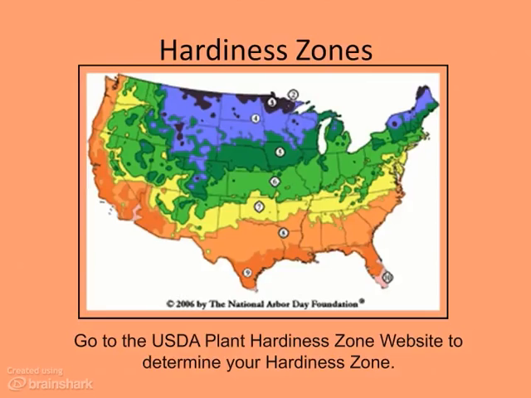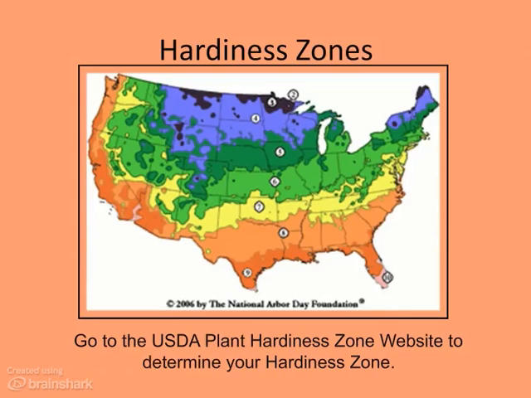Your hardiness zone is easy to determine by referencing the U.S. Department of Agriculture Plant Hardiness Zone Maps online. It's important to determine your USDA hardiness zone because it will guide the types of plants that you can grow in your climate. Plant hardiness zones are calculated based on the minimum average winter temperature.